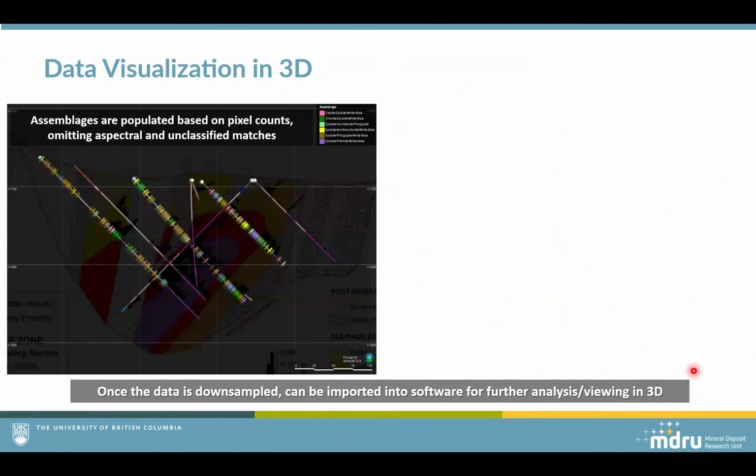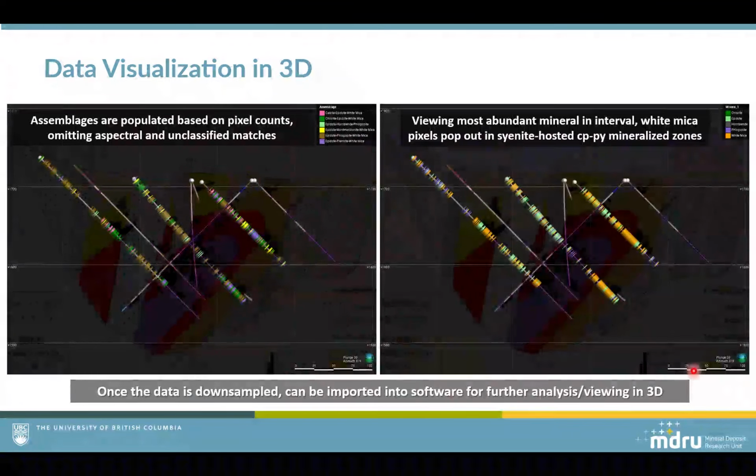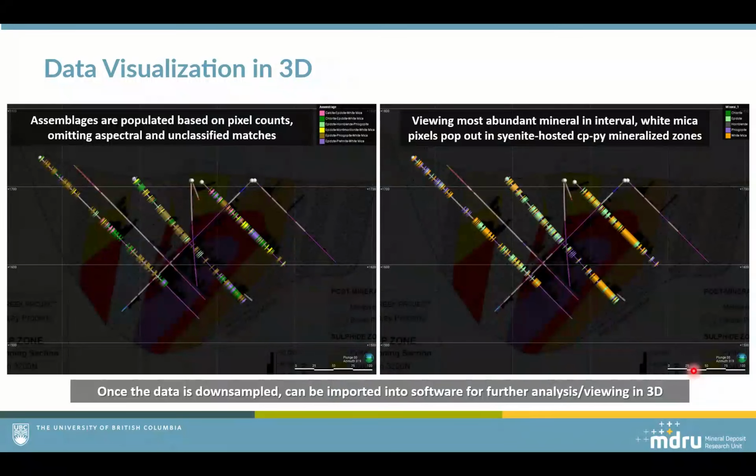So when we take this into Leapfrog, these mineral pixel counts are able to provide us a lot of useful information, including the mineral assemblage and the top mineral that's been identified within your data set. In this case, this is an interesting one that highlights the dominance of white mica and epidote within this section. White mica being the orange and epidote being kind of light green.